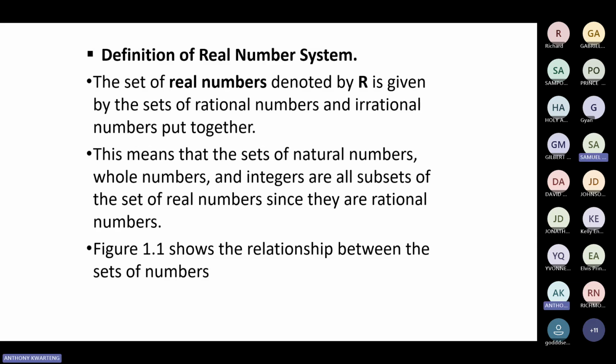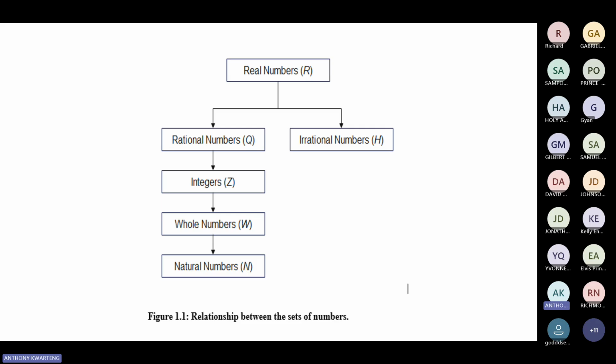Then if we also add the fractions, either negative or positive fractions, we get what we call the rational numbers. If you are talking about the real number system, this is how it is. The real numbers are a combination of the rational numbers and irrational numbers.